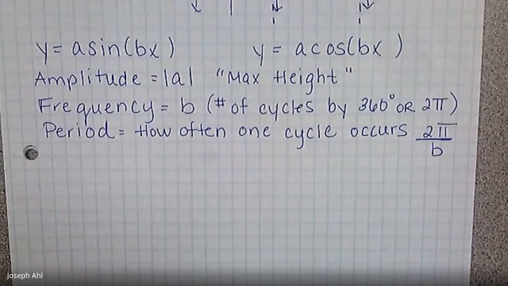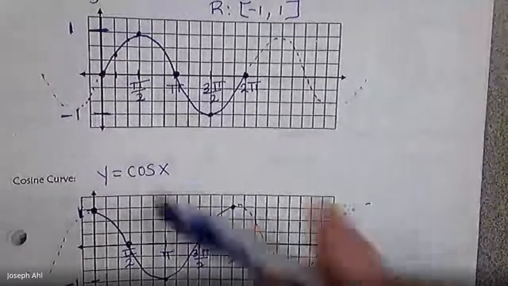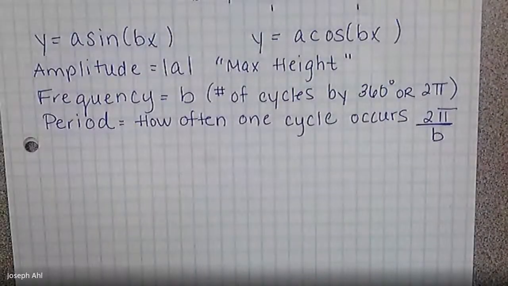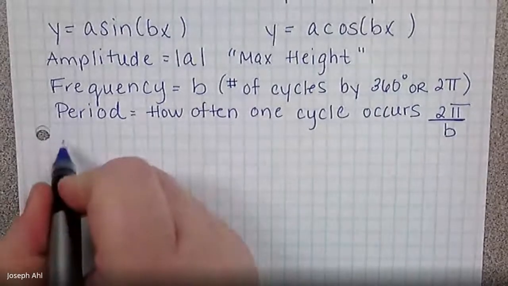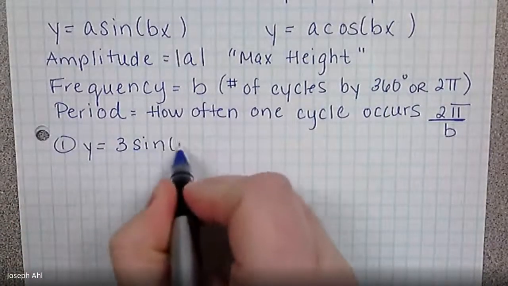So we're going to use that information in order to graph some sine and cosine curves. As a reference point, you might want to have out page 15 from the notes where we graph the sine and cosine curve, because I'm going to base my two graphs off of what these look like right here. Okay, so for number 1, let's sketch the graph of y equals 3 sine 2x.